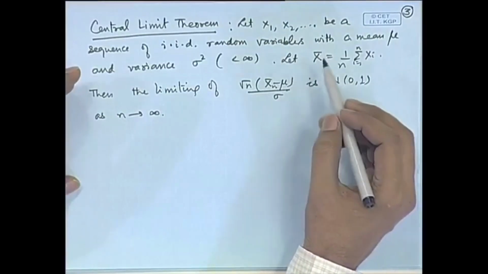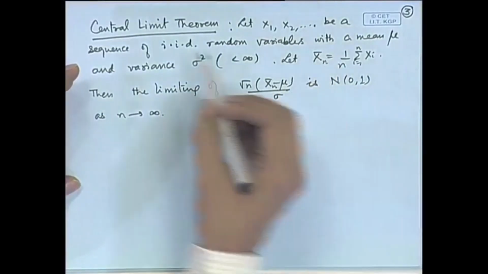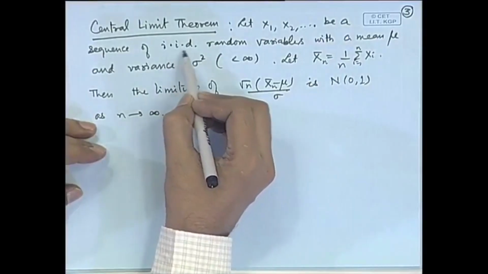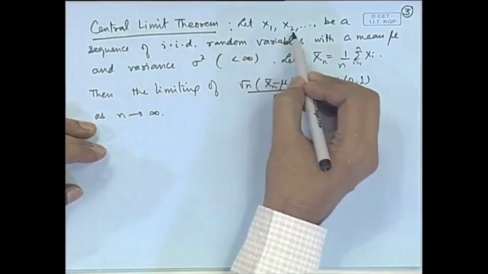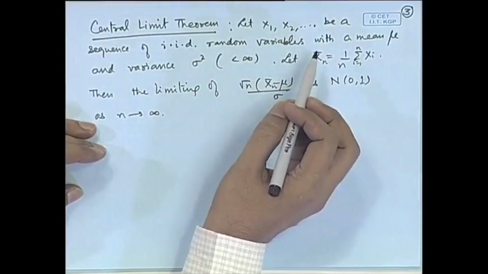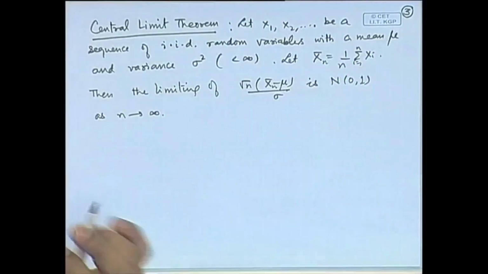Another thing we should notice here is that we have assumed that the random variables x 1, x 2, etcetera are from the same population. In fact, this central limit theorem has been further generalized: we may lose the condition of identical distribution, or even the condition of independence, and under certain conditions the central limit theorem still holds.